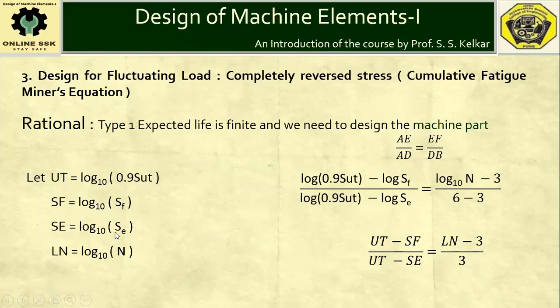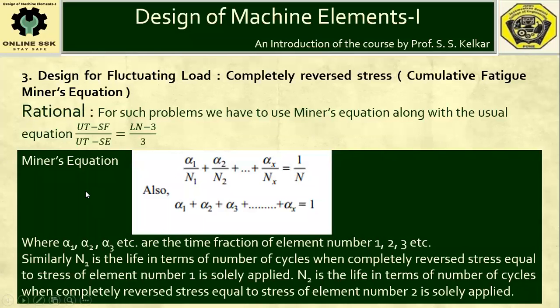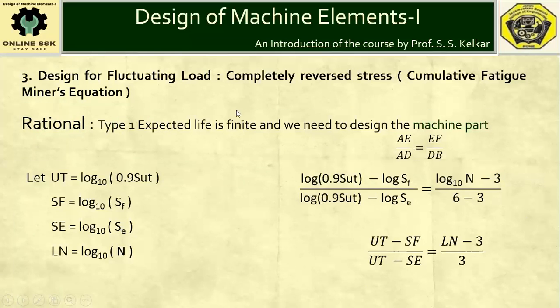SC represents log to base 10 of SC, where SC is the endurance limit for the machine part, and ln is equal to log to base 10 of n, where n is the number of cycles, the life in terms of number of cycles. So we have to use this equation for finding out the life of a machine part when it is subjected to completely reverse stress.